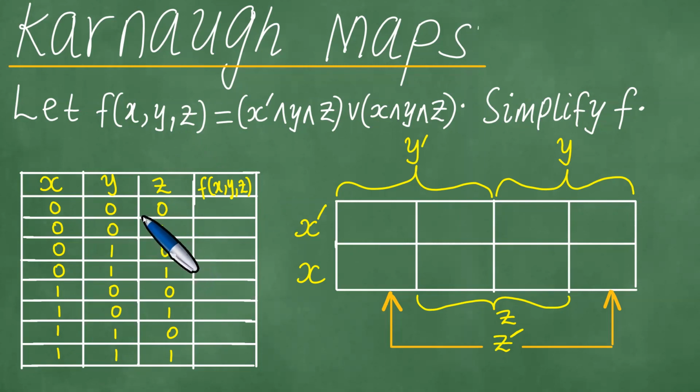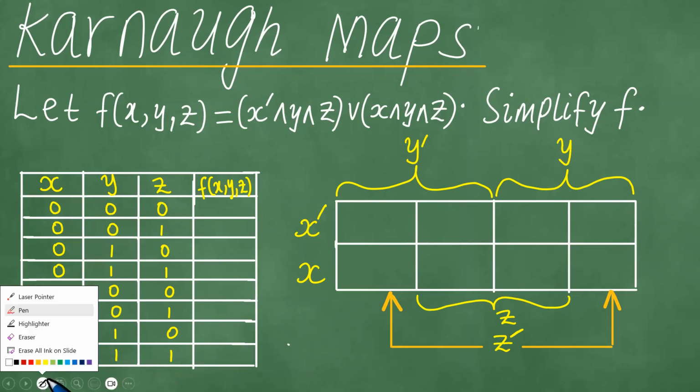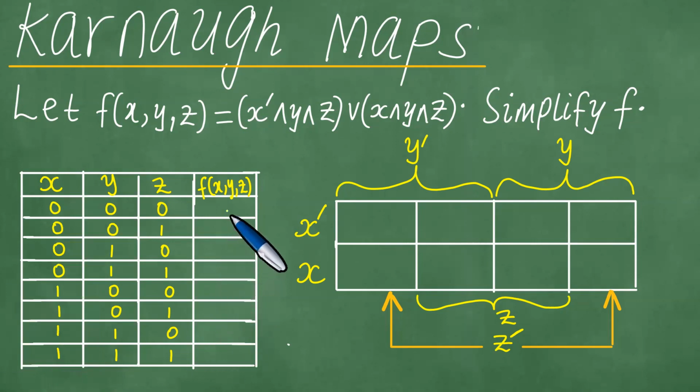For example, if x is 0, not x is a 1, and 1 and 0 and 0 is a 0. And if you have 0 and 0 and 0, you get a 0. Therefore, the result here becomes a big 0. So we write a 0 here.